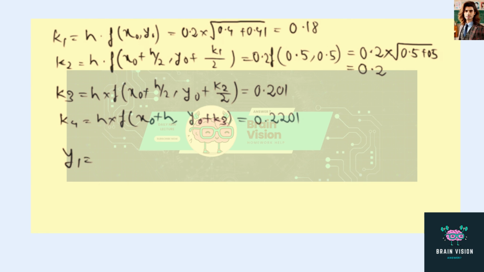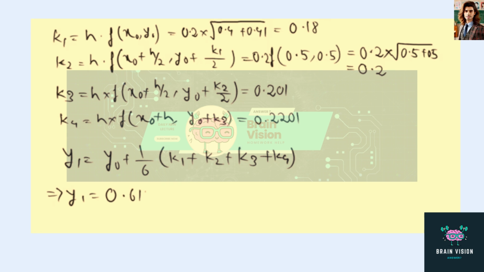So our y1 would be y naught plus 1 by 6 into k1 plus k2 plus k3 plus k4. If we put the values, we would have y of 0.6103. So y1 is nothing but y of 0.6, right? So that is 0.6103.